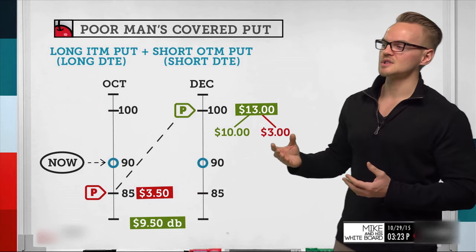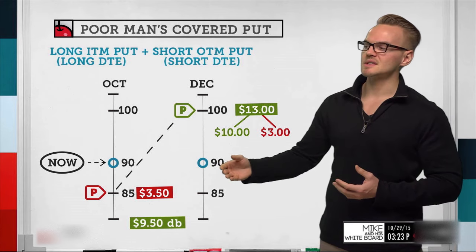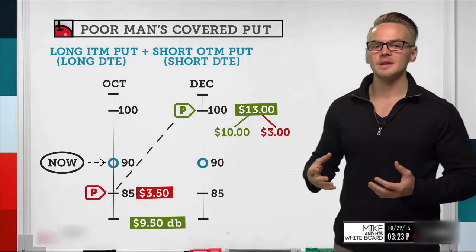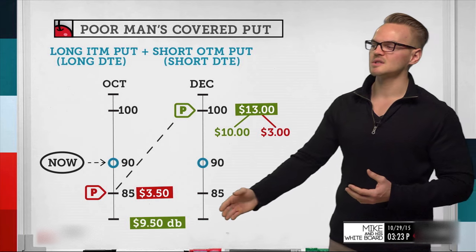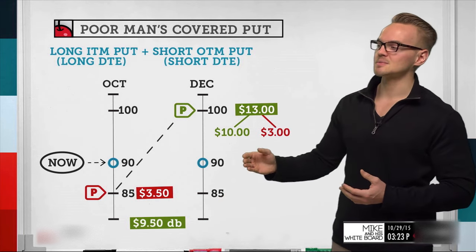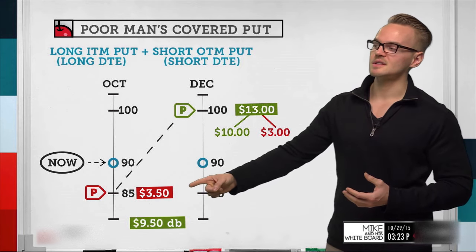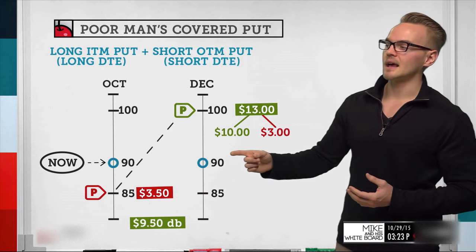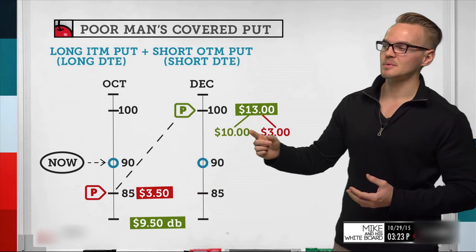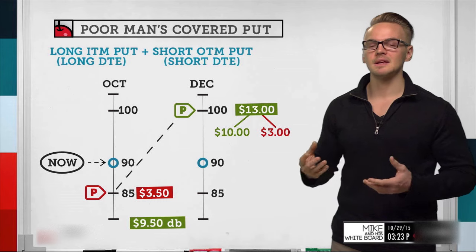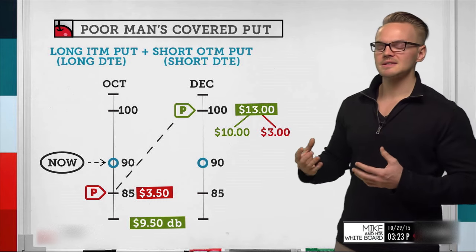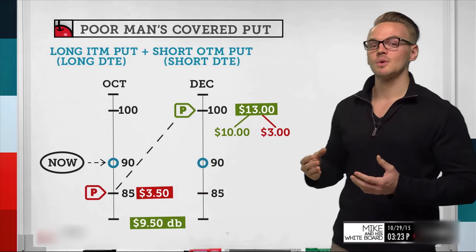We want to be in a position where we can reduce our cost basis enough to the point where even if it doesn't move anywhere, I can still purchase this for $9.50, and at expiration, if this put over here in October expires worthless, and I'm able to sell this December put back for $10, I can make that 50-cent profit.